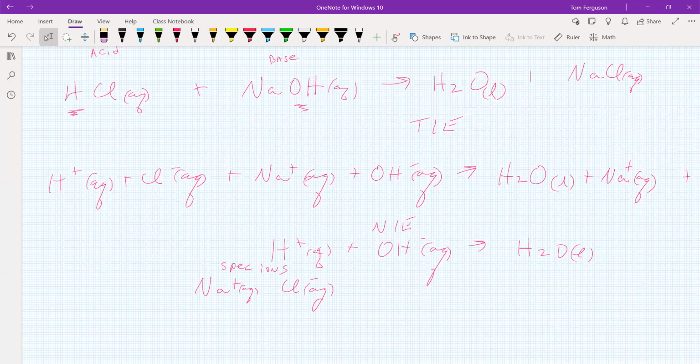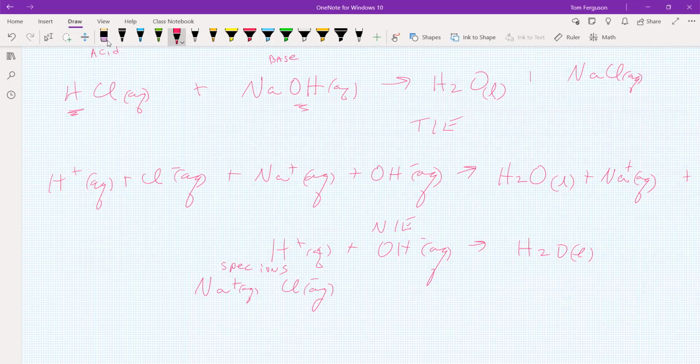So let's take the hydrochloric acid apart. There's H plus, Cl minus, aqueous. Take the lye apart, becomes sodium, aqueous, OH minus, aqueous. Now, because H2O is a liquid, or it could even be a gas, depending on how hot the water gets, it's going to be staying together.